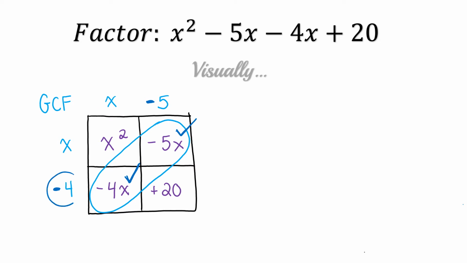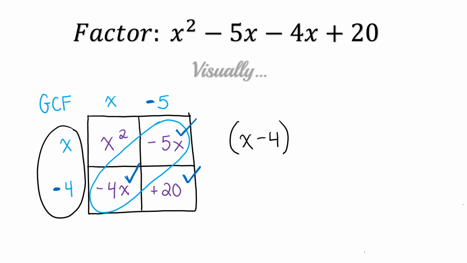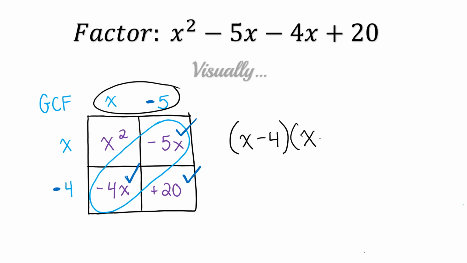And since a negative times a negative is equal to a positive, we still have our positive 20. Now, writing our answer, we have the quantity of x minus 4 times the quantity of x minus 5.